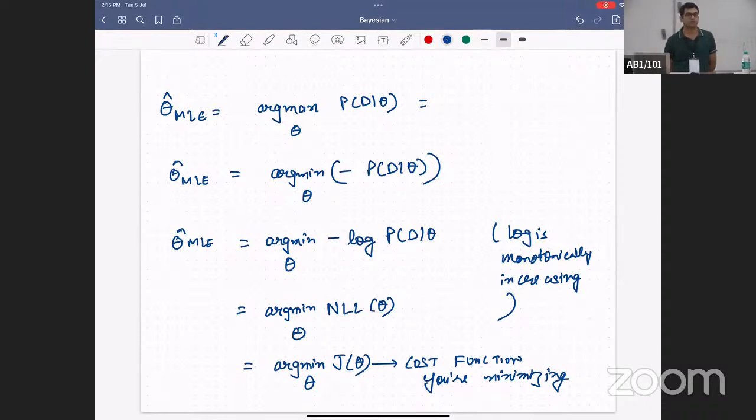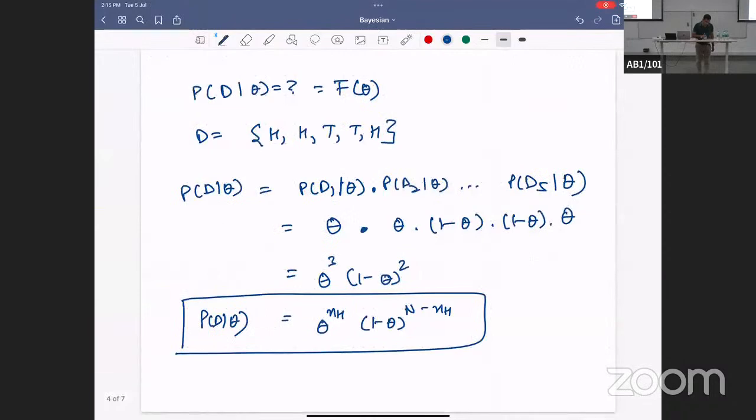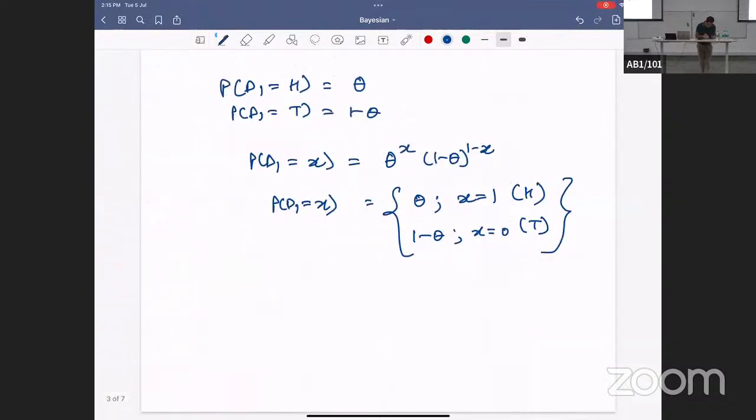Any questions? Yes. Okay, so the question is, why is the probability of D1 equal to heads coming as theta? Does anyone in the audience want to answer that?